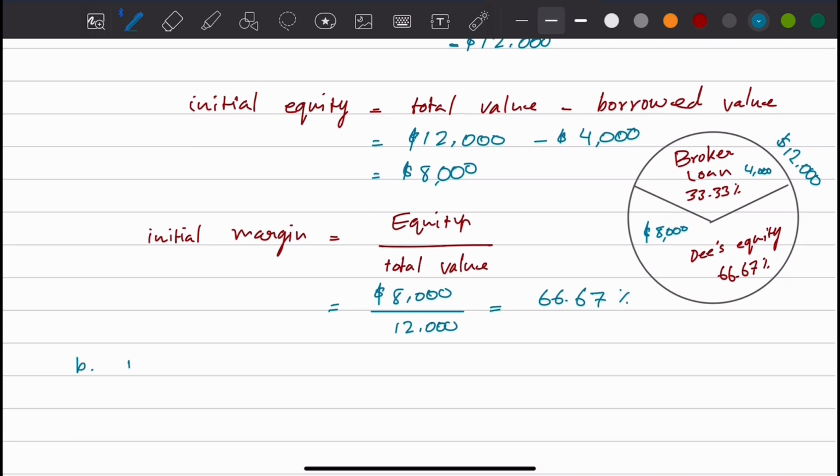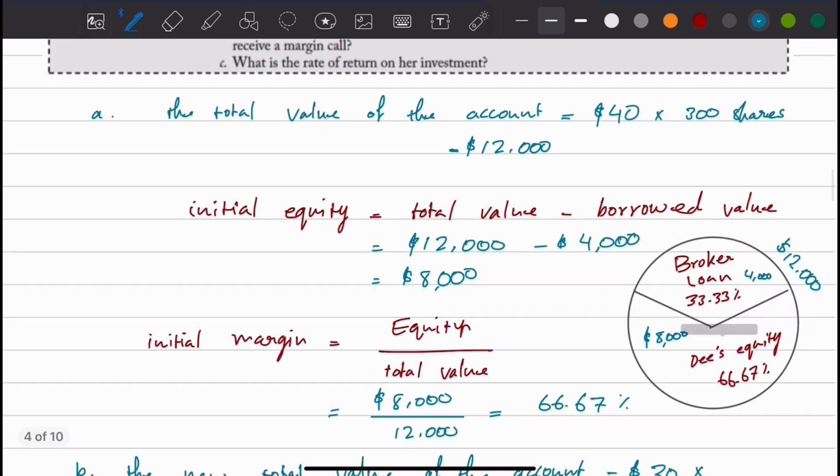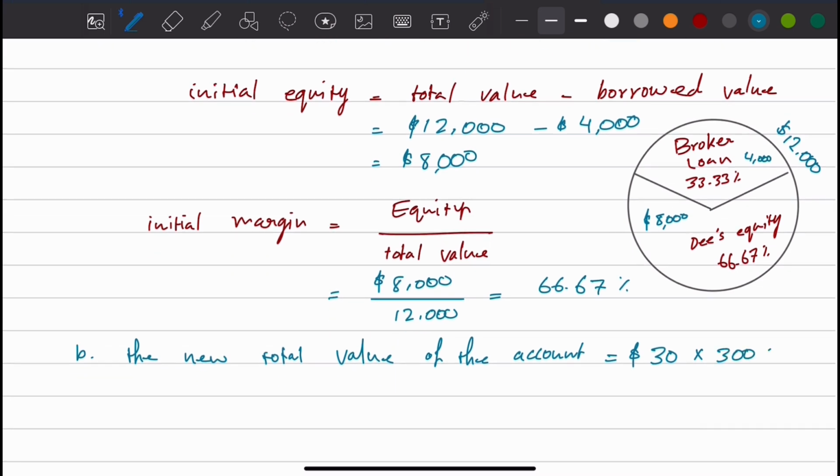So I'll write down here the new total value of the account, which is going to be equal to $30 this time, multiplied by the same number of shares, which is 300 shares, which is going to equal $9,000. Okay, so that means the portfolio total value had dropped from 12,000 all the way down to 9,000.